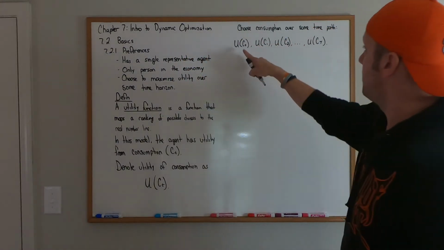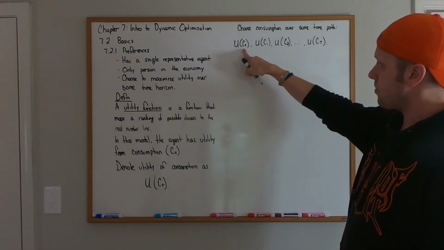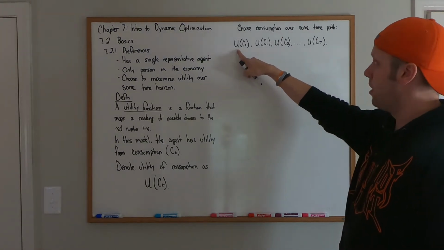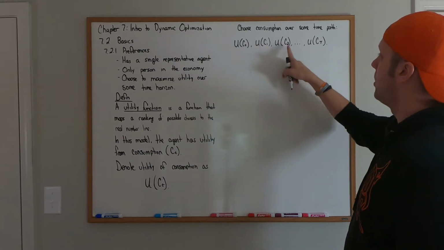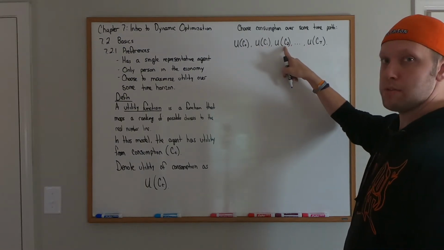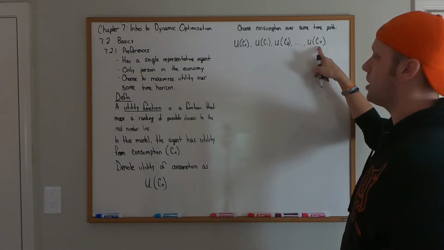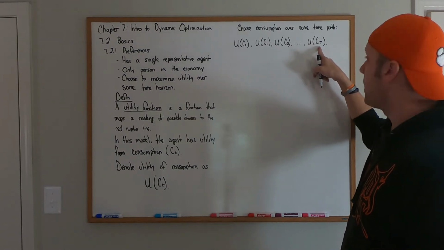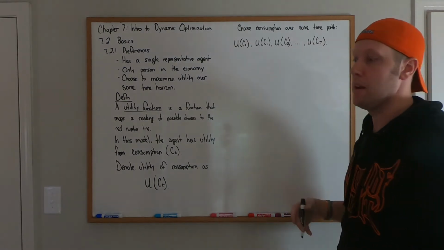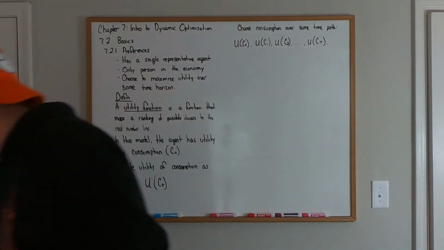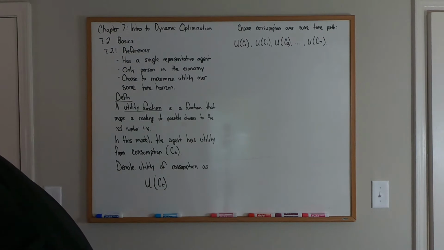So we have consumption today, which gets put into our utility function. So utility of consumption today, utility of consumption tomorrow, utility of consumption 2 days from now, all the way up to utility of consumption T days from now, where this capital T is indicating the terminal period, the endpoint of this time path of consumption.